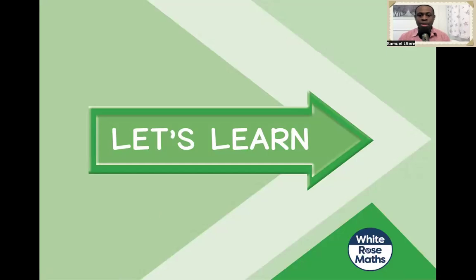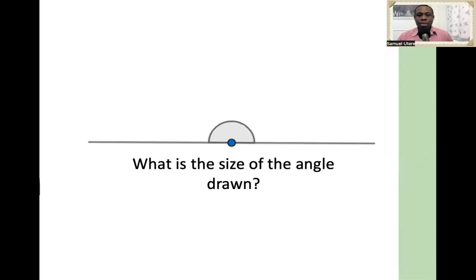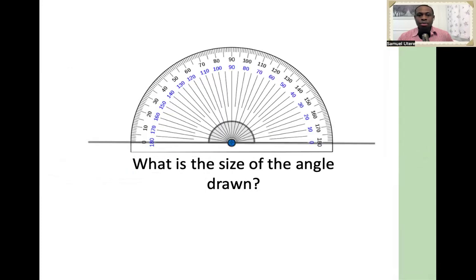Let's do some new learning. Look at this line and tell me what you think is the angle on the straight line. Well, if we use our protractor to help us, we can see using our outside scale or our inside scale, we can see that the angle is 180 degrees.